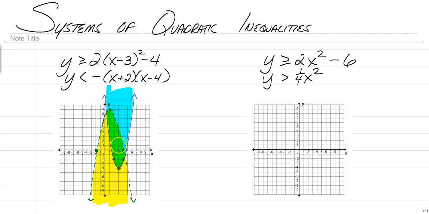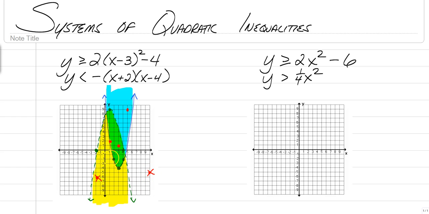To give you an example, (3, 1) would be a solution because it's in the overlapped shaded region. An example like (1, 2) would be a solution because it's sitting right here on this solid line. Any place out in the blue is not a solution. Any place out here in the yellow is not a solution. Any place out here in the white is not a solution.